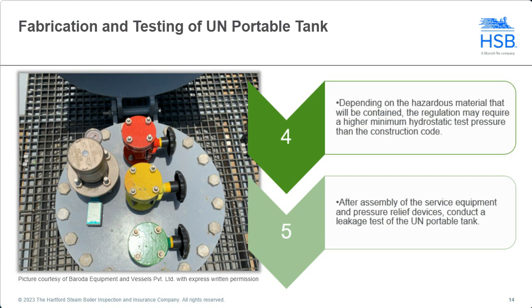Also, after the hydrostatic test is done, you assemble the service equipment, if it wasn't already assembled for the hydrostatic test, and also the pressure relief devices and everything else. Then 49 CFR requires a leakage test, to verify that there are no leaks after you assemble the service equipment.